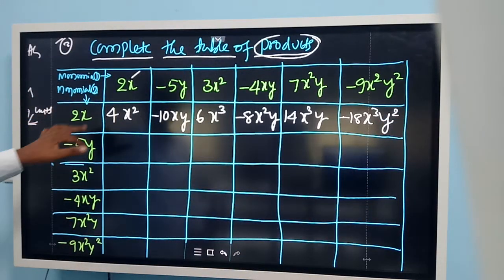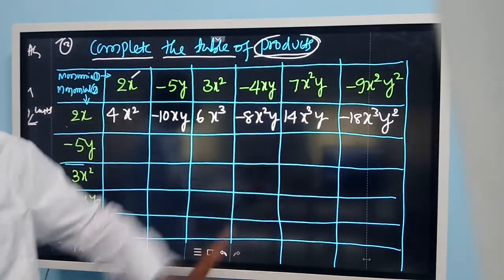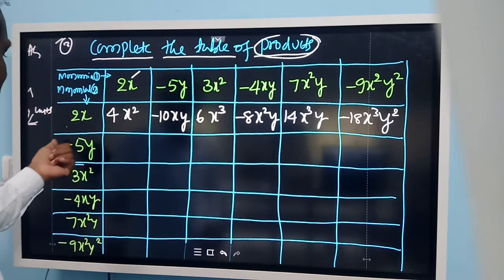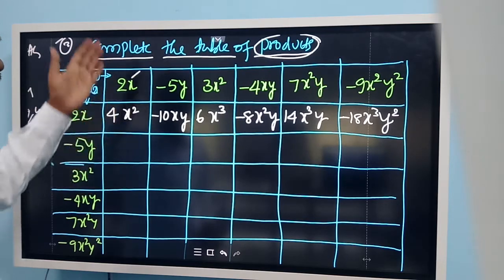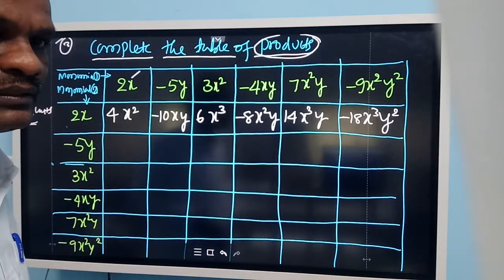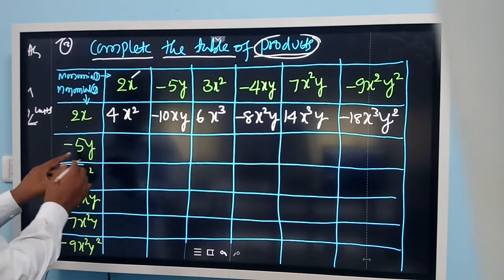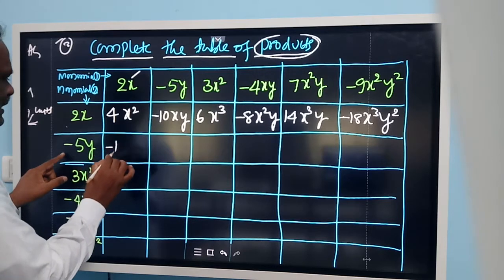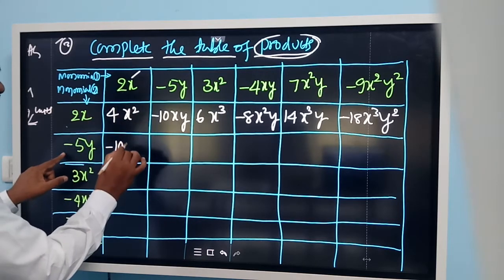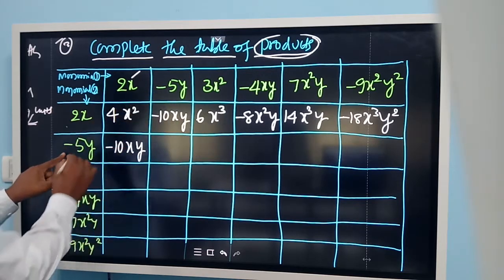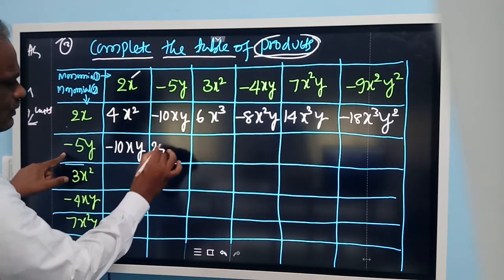So now I multiply the monomial 2x with all these monomials. Now come to the second row. Second row, the monomial is minus 5y. You have to multiply it to all the monomials present in these columns. Okay. Now minus 5y into 2x. Minus 5 into 2, minus 10, x into y, xy. Then minus into minus, plus, 5 5s are 25.